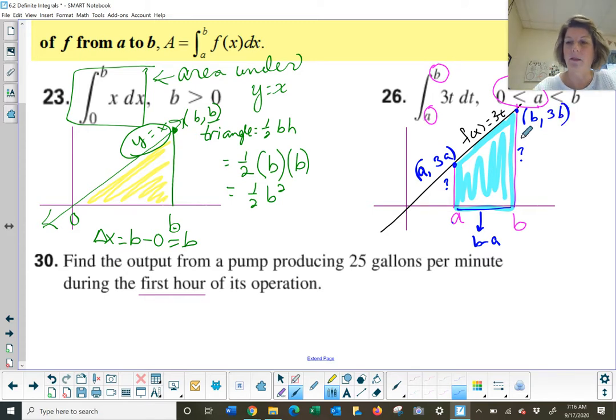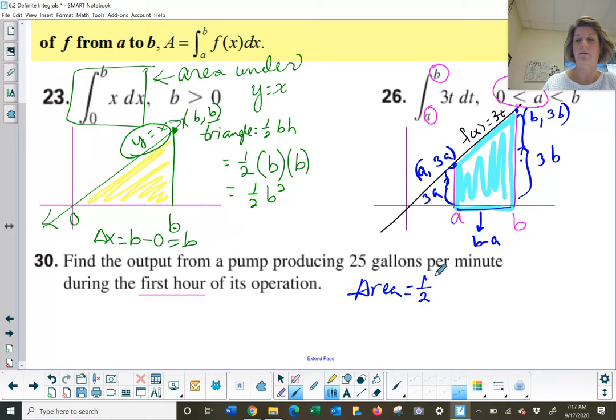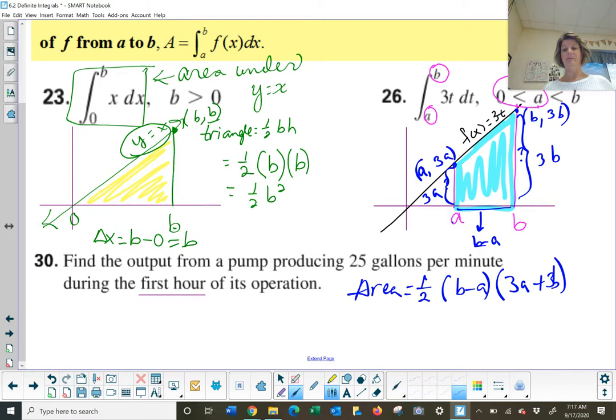So now I know the distance along here is 3b, and this segment has a length of 3a, and now I should be able to say the area under the curve is equal to 1/2 times b minus a, times the height on the left plus the height on the right.